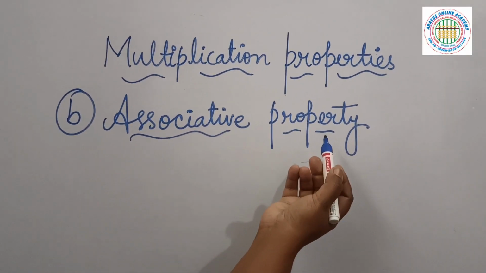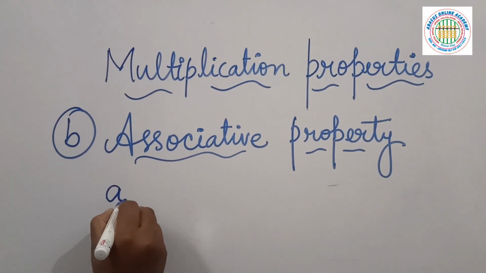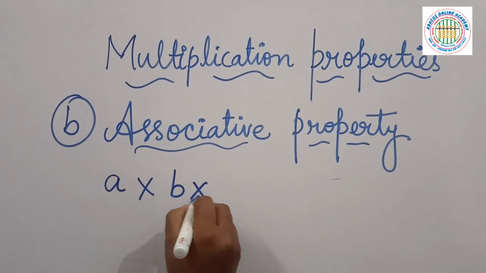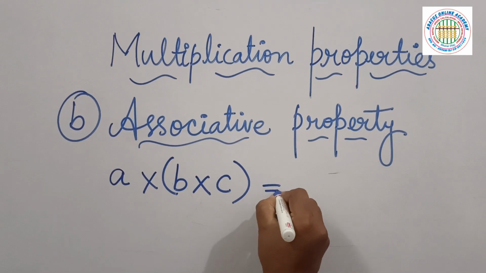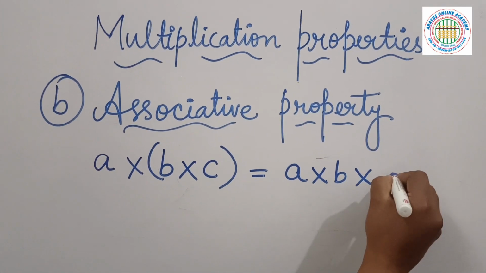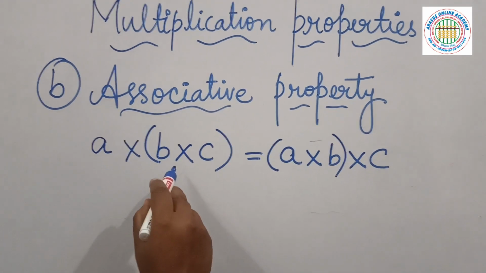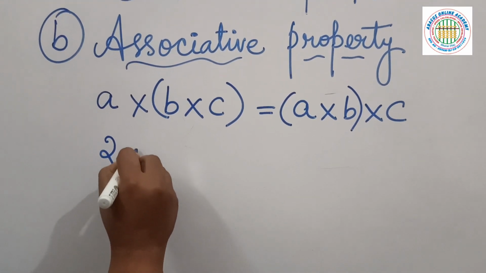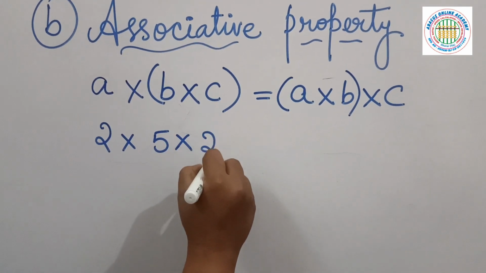Next, let's see associative property, multiplication. Okay. So, A into B into C. So we'll group this, is equal to A into B into C. So we'll group the first one here. Okay, this one and this one both are same. So how? 2 into 5 into 2.